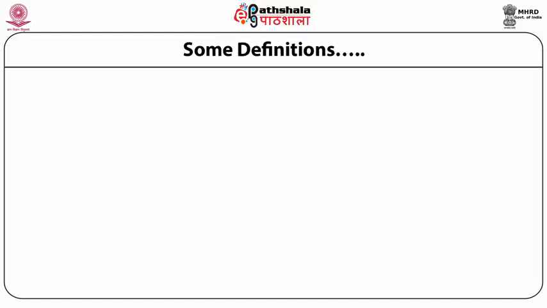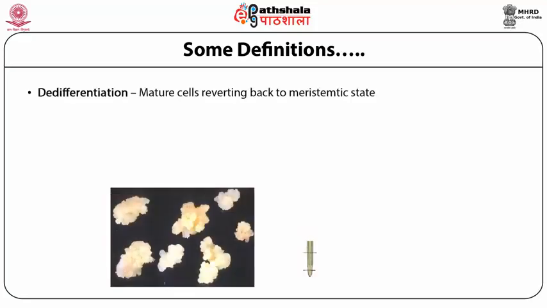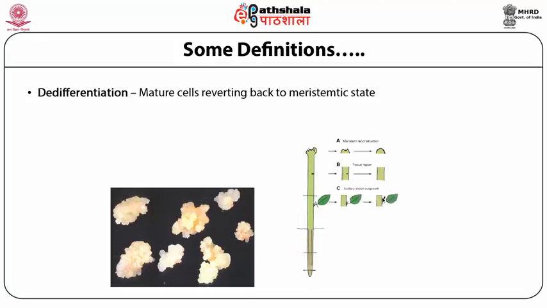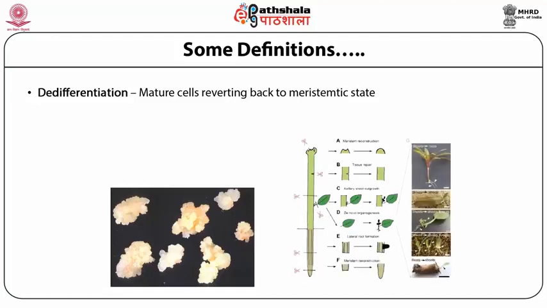Before we proceed further, let's take up certain definitions. As I said, mature cells can be made to dedifferentiate. Differentiated cells forget what they were and become callus. They come to a meristematic state, which essentially means they divide, redivide, followed by further differentiation.